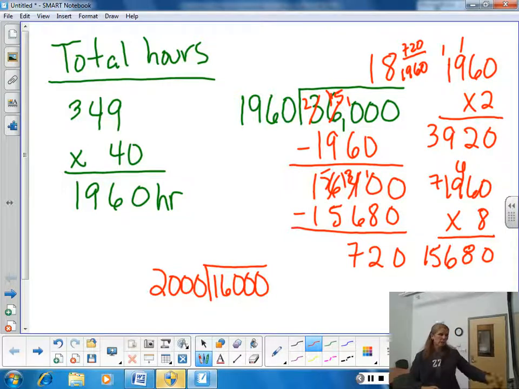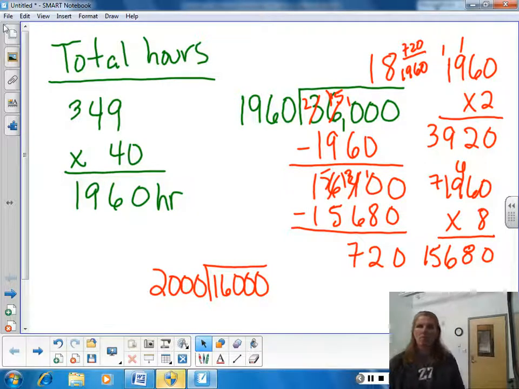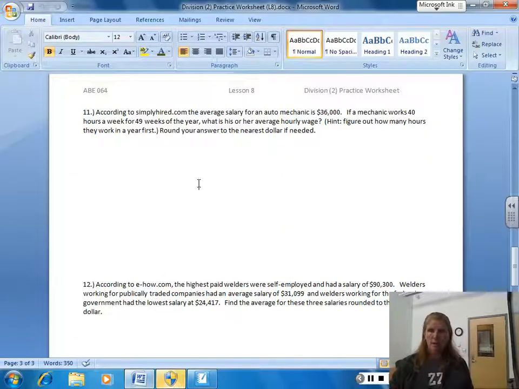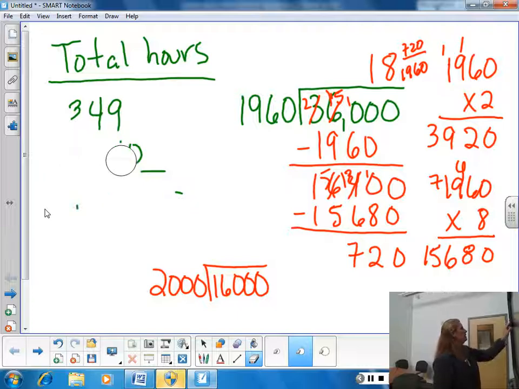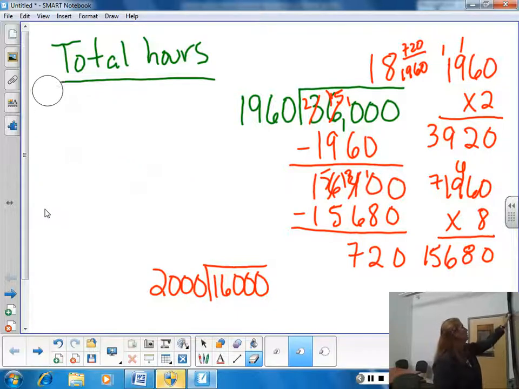Well, let's see what my question said about rounding, or what I need to try to do to that. Round your answer to the nearest dollar if needed. It wouldn't be needed if it came out to be exact, but ours didn't come to be exact. So either I want to say that they make $18 an hour or they make $19 an hour. I want you to round it to the nearest whole number.